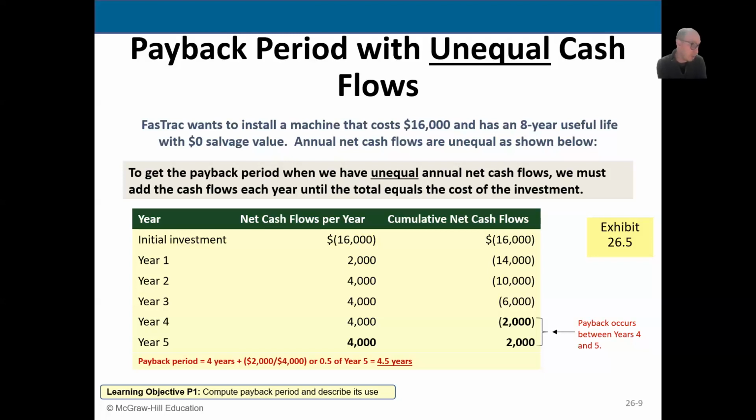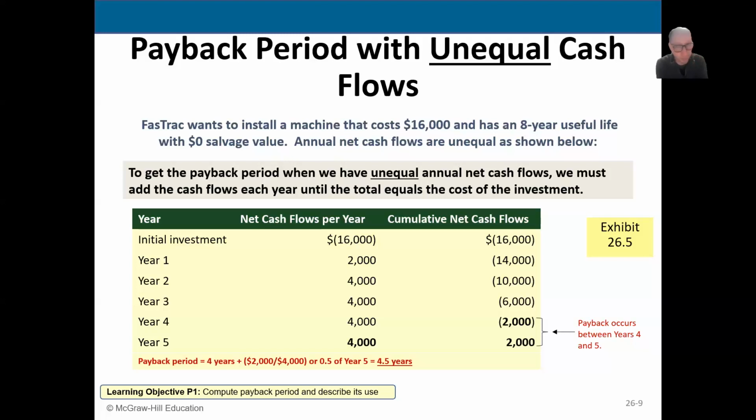Initial investment, we bought the machine for $16,000, so minus $16,000. In year 1, our net cash flows were $2,000. Year 2 was $4,000. Year 3 was $4,000. Year 4 was $4,000. Year 5 was $4,000. So almost equal cash flows, but year 1 was a little shaky. Maybe we bought the piece of machinery halfway through the year.